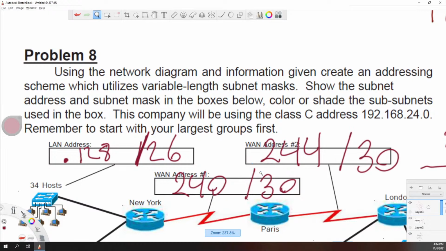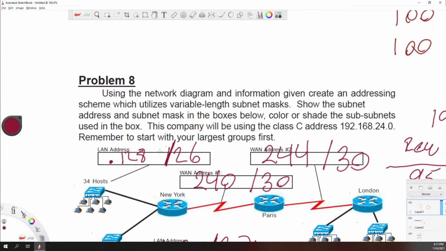So if you were looking at these, as an example, this one could have 241, and then this one over here could be 242, and on this WAN link, 245, 246.